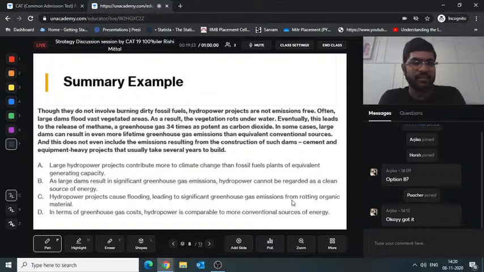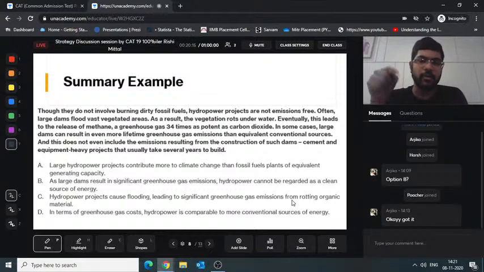So this example talks about, though they do not involve burning dirty fossil fuels, hydropower projects are not emissions free. Okay, so I know there is something related to hydropower projects being talked about and that they are not emissions free. Perfect. Often, large dams flood vast vegetated areas.